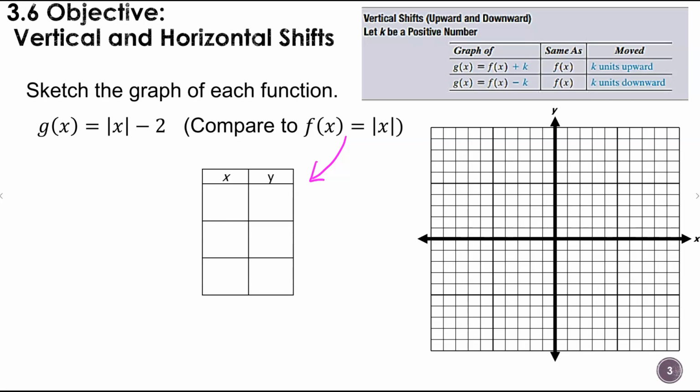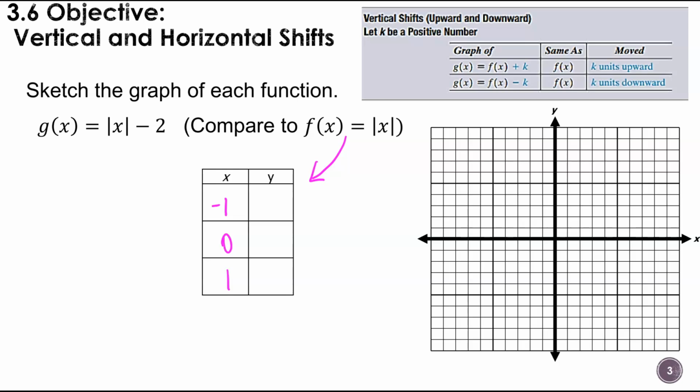So we're going to use f of x equals the absolute value of x. Now what we're going to do is use the basic or common graph in order to get the graph we're supposed to be graphing, g of x equals the absolute value of x minus 2.